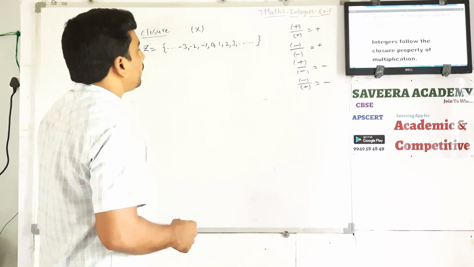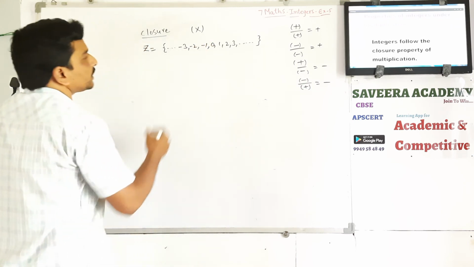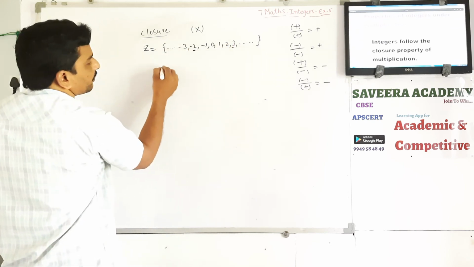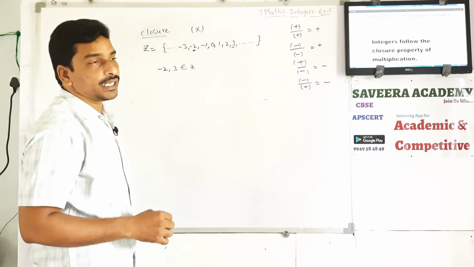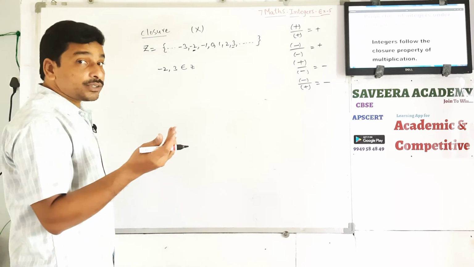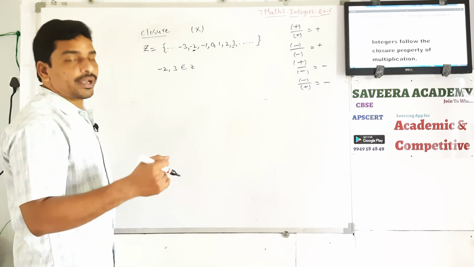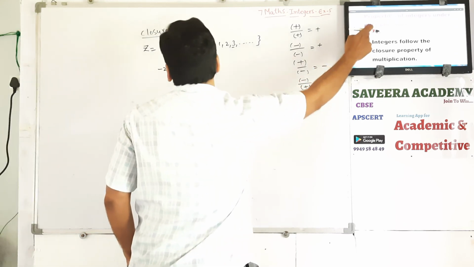Now multiplication. Suppose we take two integers, minus 2 and 3. Minus 2 comma 3 belongs to Z. In the previous case we added them, because we were working under addition. Now we have to multiply them, because the operation is multiplication.